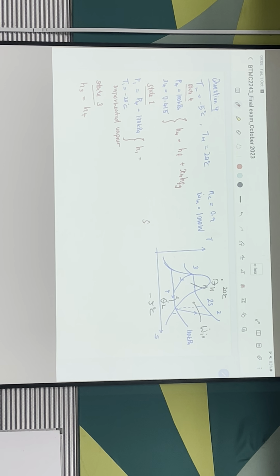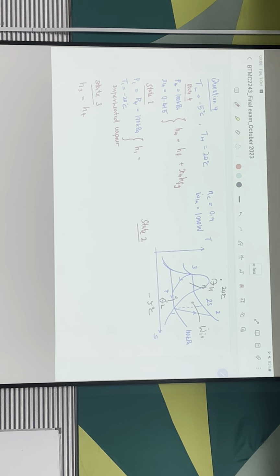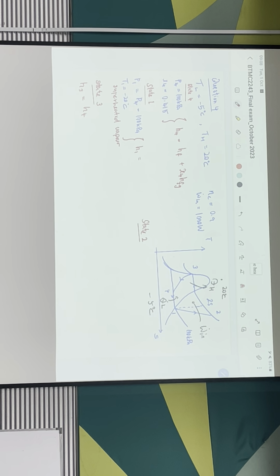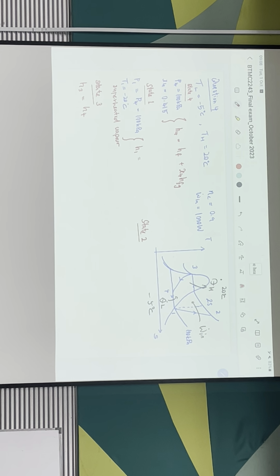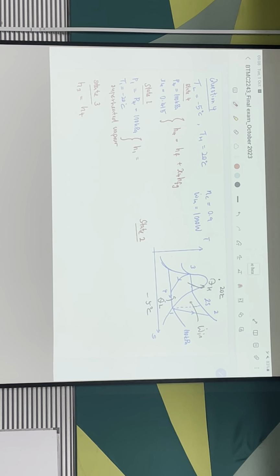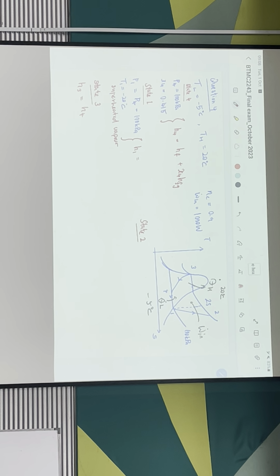So the issue now is state 2. We don't know anything about state 2. So now our main issue is state 2, because we do not know anything about it. Then we need to start digging for information from all the other states. So what do we know here? What can we find out?